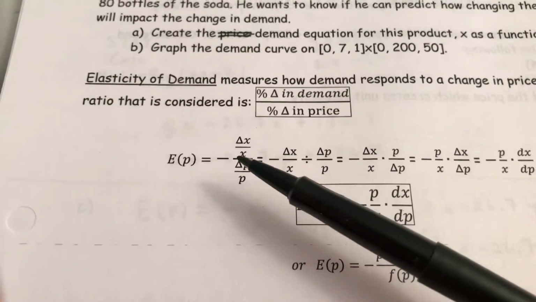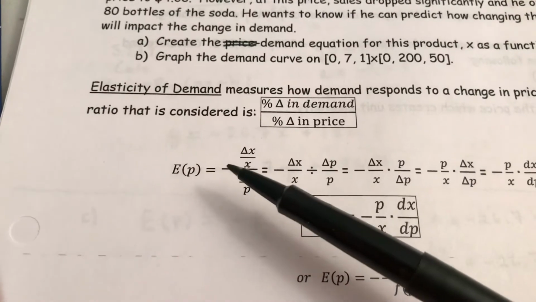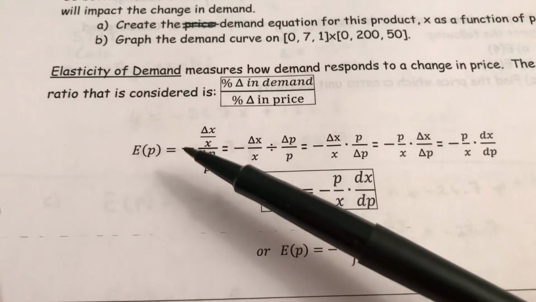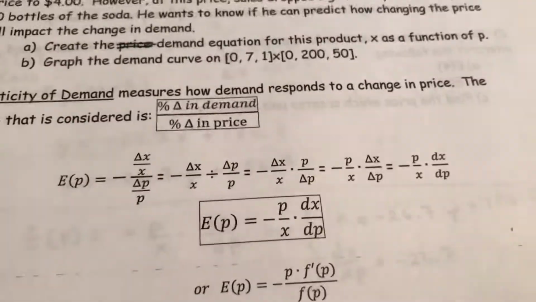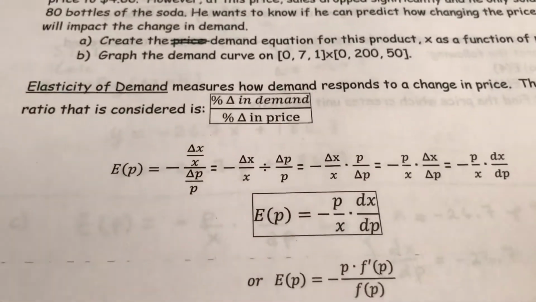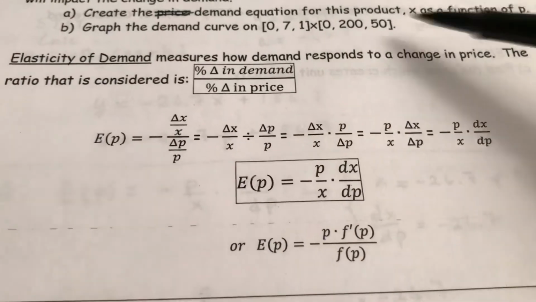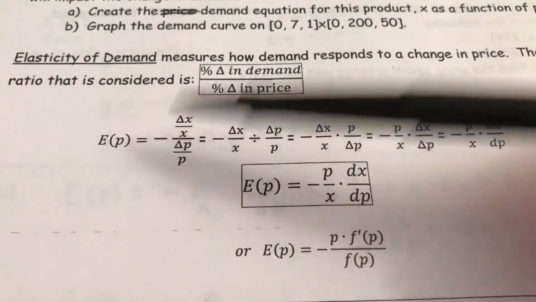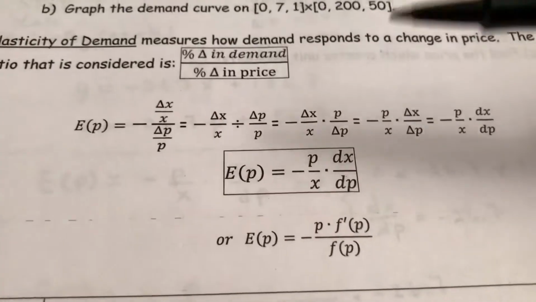That's how you would calculate percent change, and economists have chosen to make that a negative quantity so that all the results are positive. That is just something that is accepted.